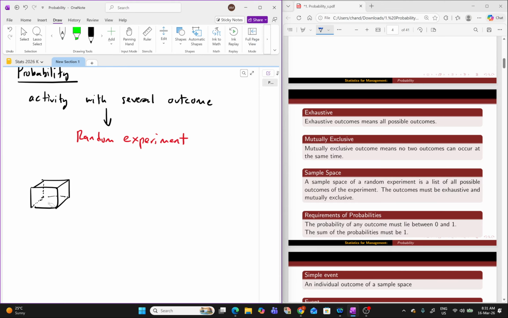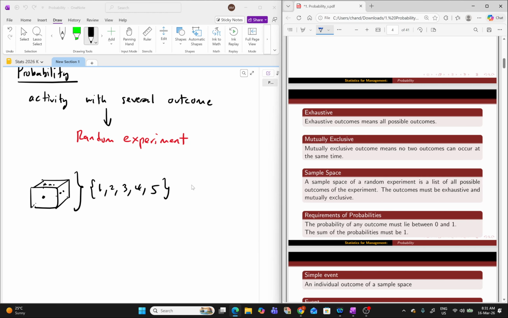Then you will have one here, maybe two here, and then three here. If you throw this die, how many outcomes are there? Can you guess? You will get 1, 2, 3, 4, 5, 6. All these are possible outcomes. If you stop at 5, this is not exhaustive. If you write all the outcomes 1 until 6, that is called exhaustive.